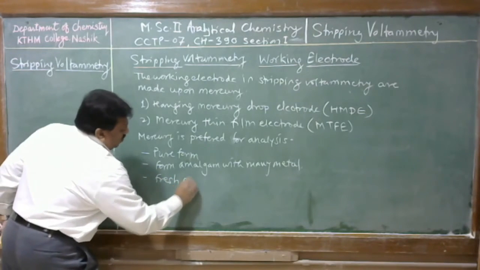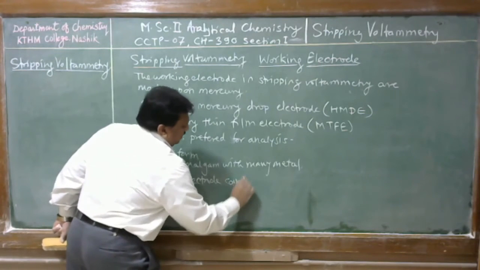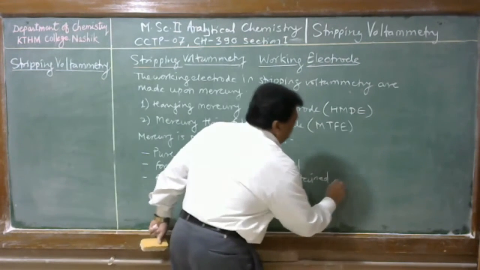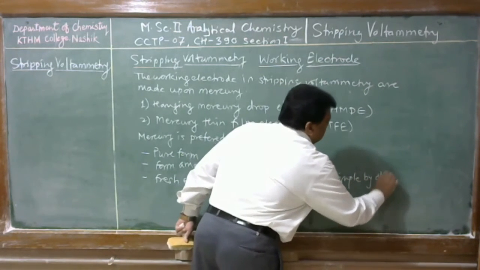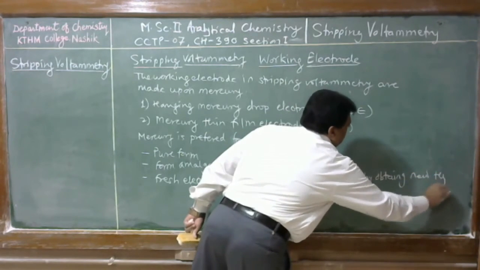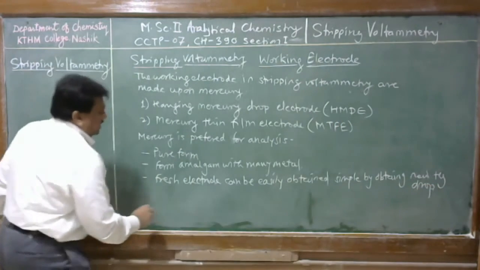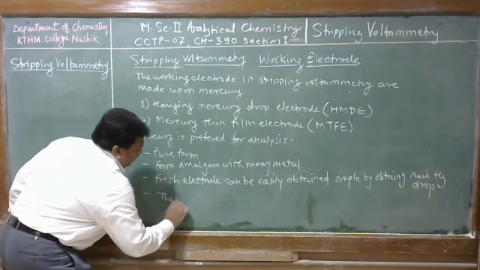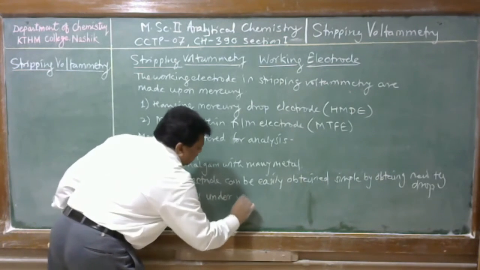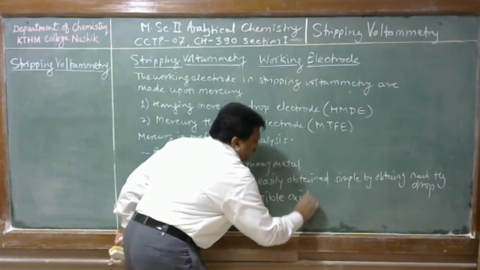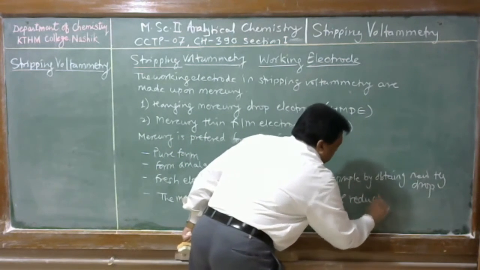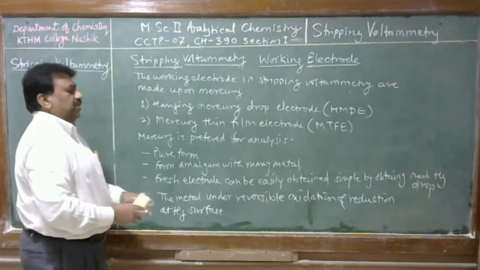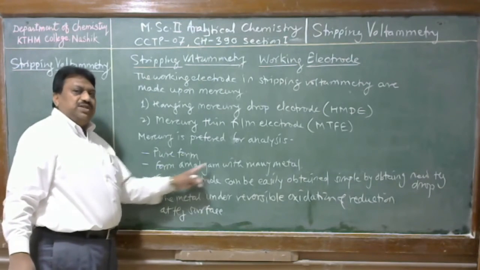Fresh electrode can be easily obtained simply by obtaining a new Hg drop, and more important thing is that many metals undergo a reversible oxidation and reduction at working electrode, reduction at Hg surface, and therefore here the mercury electrode is preferred because it forms an amalgam with many metals.